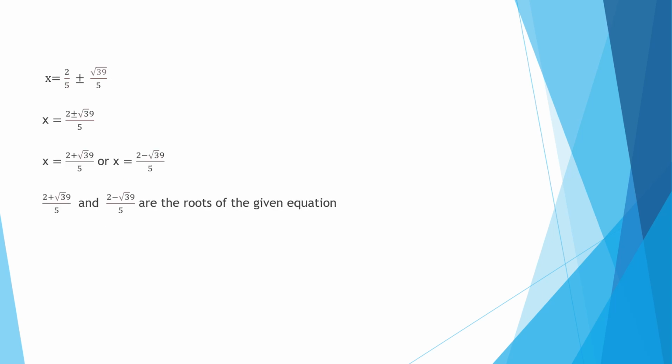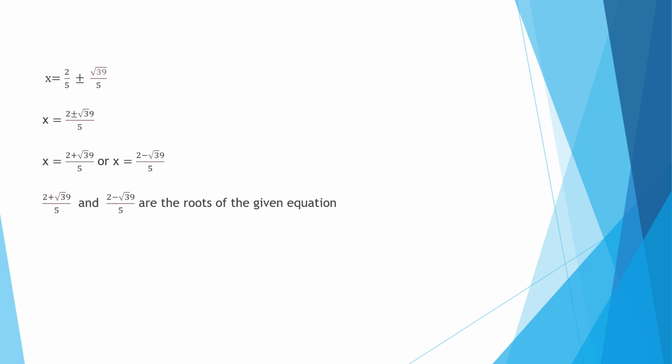Here we write root of 39, and the root of 25 is 5. So x − 2/5 = ± √39/5. Then x = 2/5 ± √39/5. So x = (2 ± √39)/5.